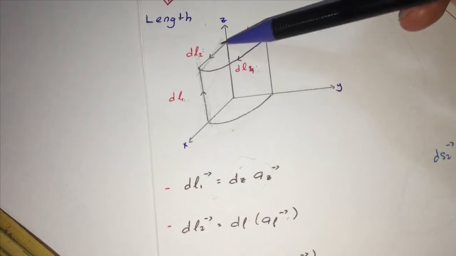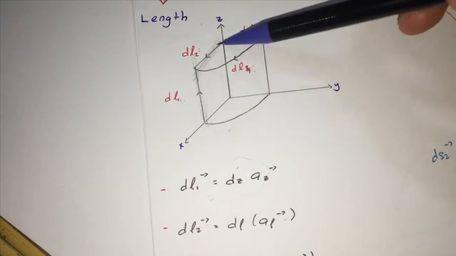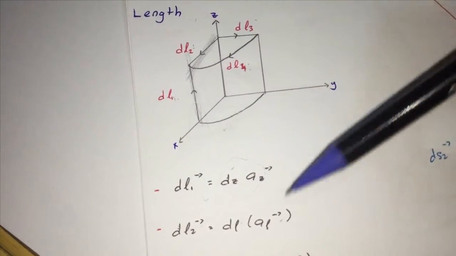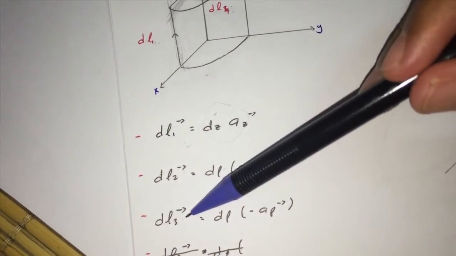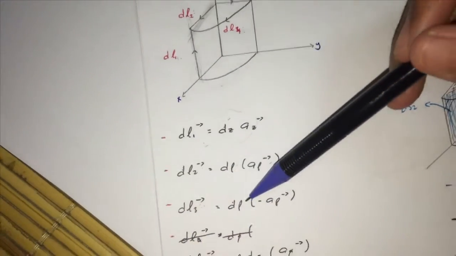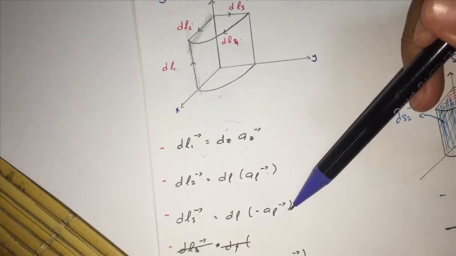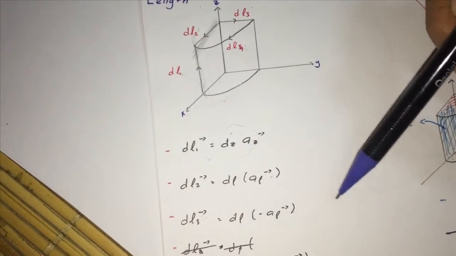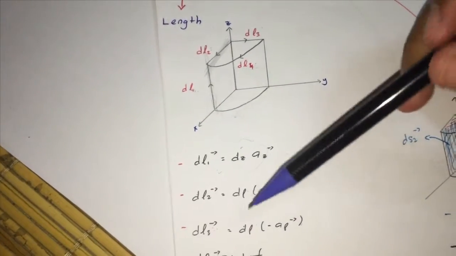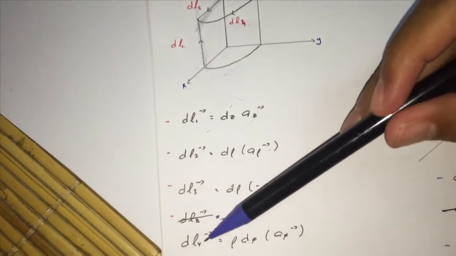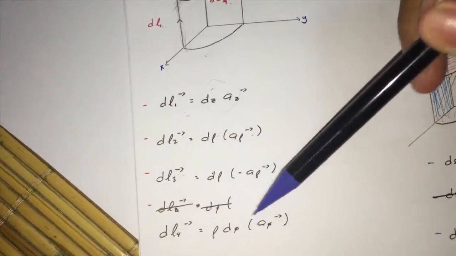It is on the rho plane, arrow axis, and the length L3, the rho negative arrow because the direction is negative, and the length L4, rho, d phi, and a phi.